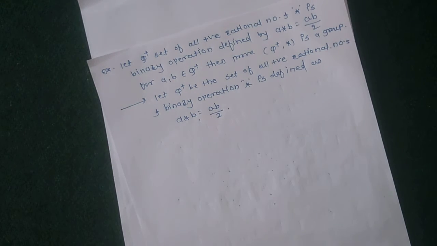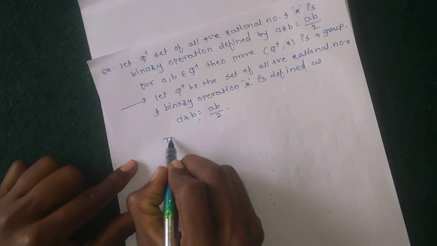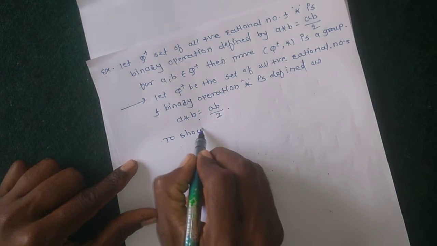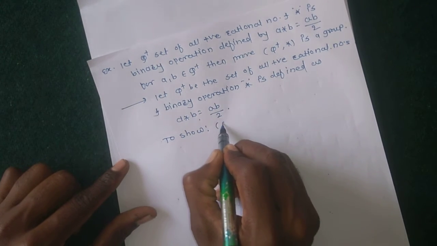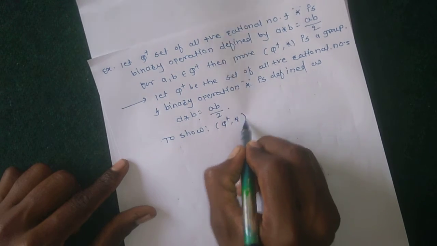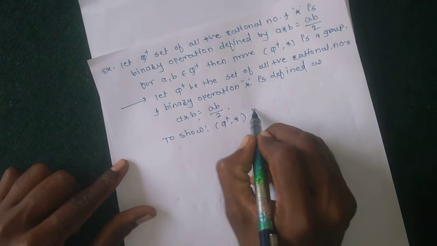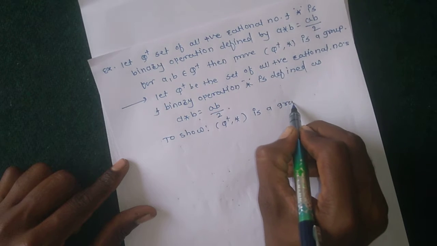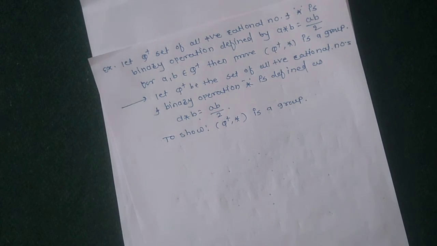Okay, here we have to show that the set of positive rational numbers with respect to the binary operation star is a group. How to show this? Q plus is a non-empty set and star is the operation defined here.